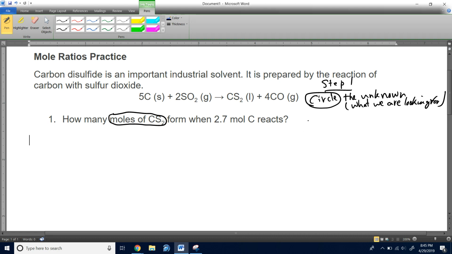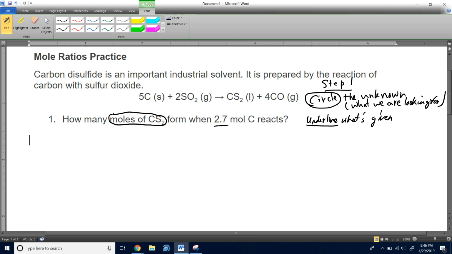And then what we want to do is underline what's given. So we want to underline what's given. If we read our problem statement here: how many moles of carbon disulfide form when 2.7 moles of carbon reacts?